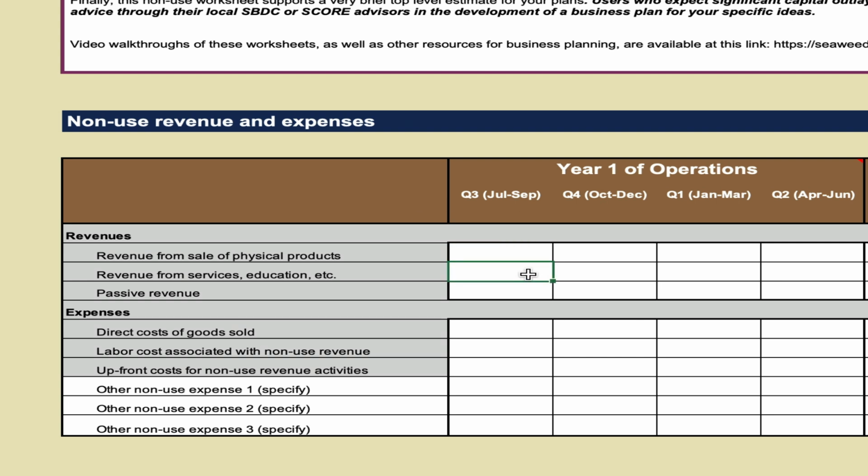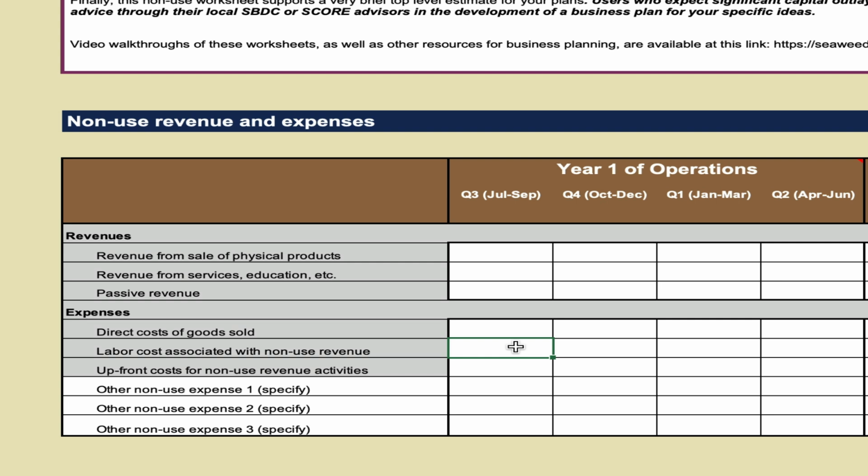The second general category of non-use revenue, so another kind of business that you could have in addition to the kelp farm or kelp nursery, could be potentially service related revenue, where you bring people out for tours or you provide education, and the costs associated with that have to do with labor. You got to hire people to conduct these service activities or educational activities.